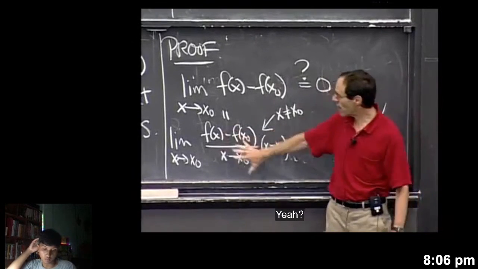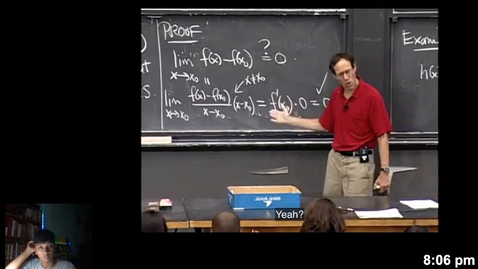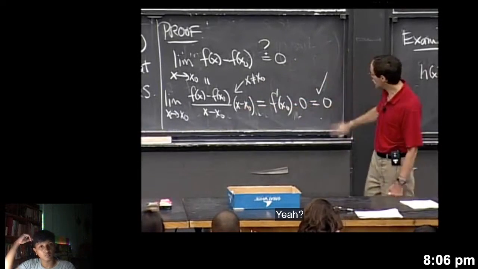And so this multiplication and division by this number is legal. It may be small, this number, but it's always non-zero. And so this really works, and it's really true, and we've just checked that a differentiable function is continuous.